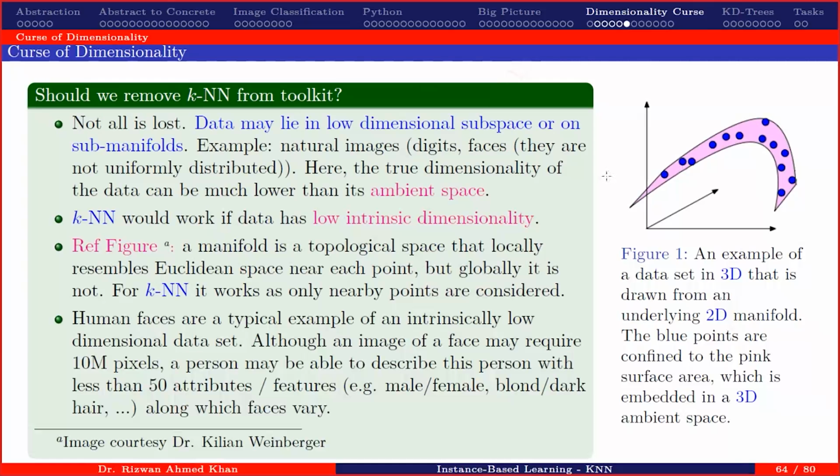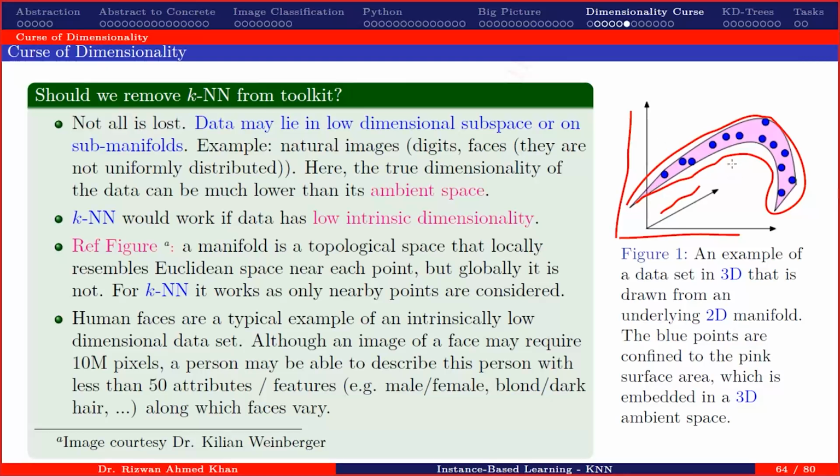So this is the example, right? This space could be n-dimensional, a high-dimensional space, but all the data could lie on this kind of manifold, and these manifolds are locally Euclidean. This manifold is only 2 or 3 dimensional, and it is encapsulated in a 1,000-dimensional space.